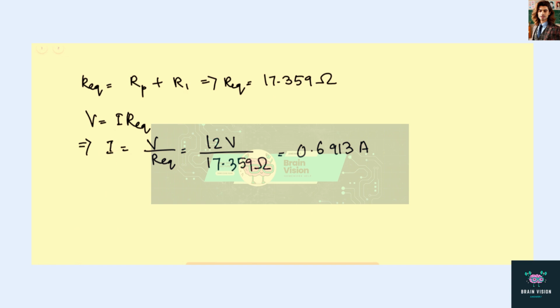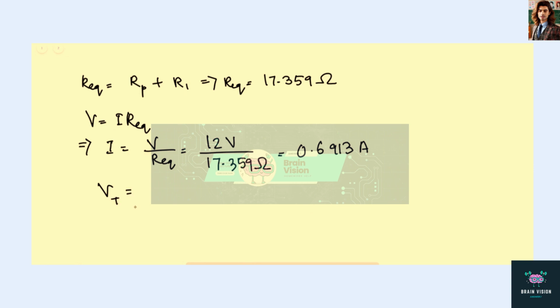Now since these two resistors, RP and R1, are connected in series, this is the same current that flows through this RP, this parallel combination of R2 and the load.